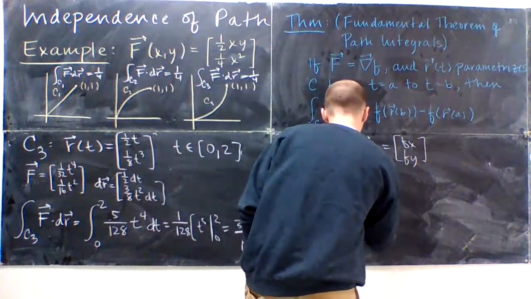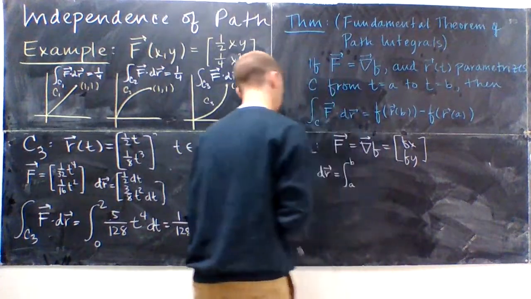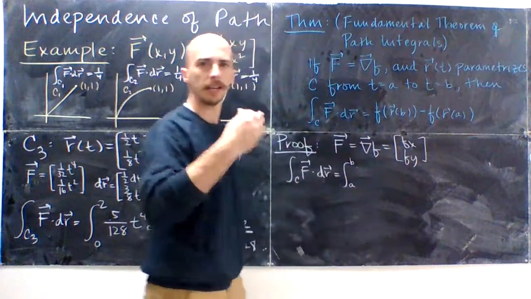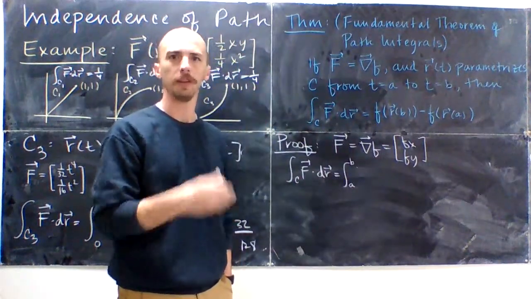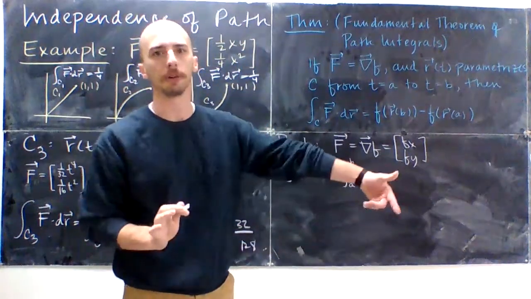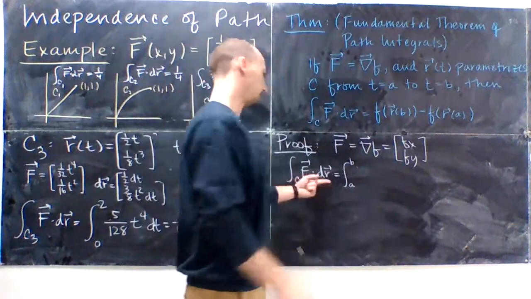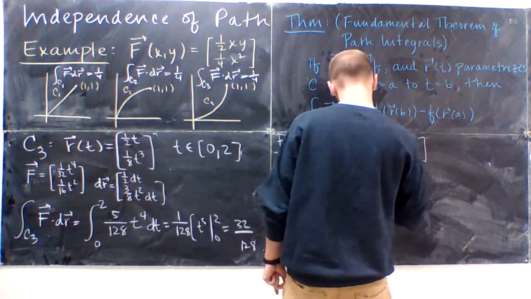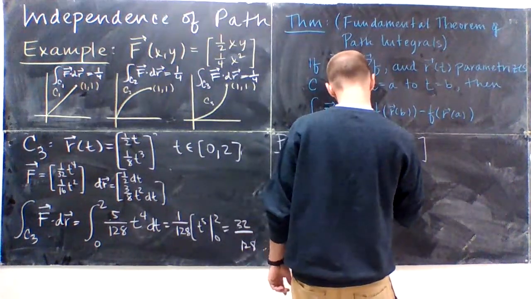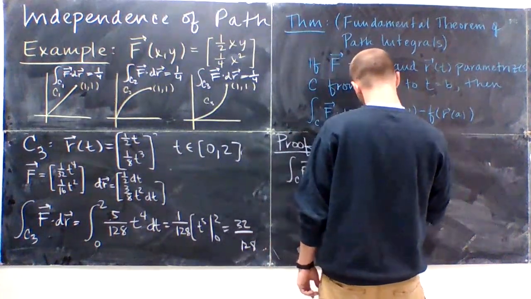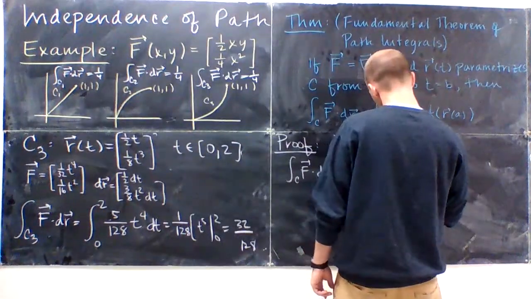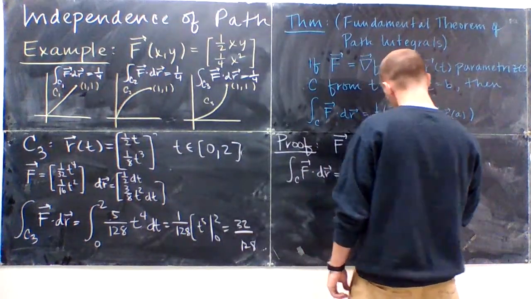So we're going to run from a to b, and what we end up doing is we dot F with dr dt, and then we integrate that with respect to time. But it's more compact to write it like this. But I want to actually write it like this, F dotted with dr dt, dt.